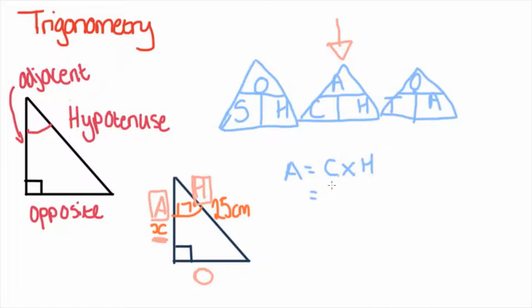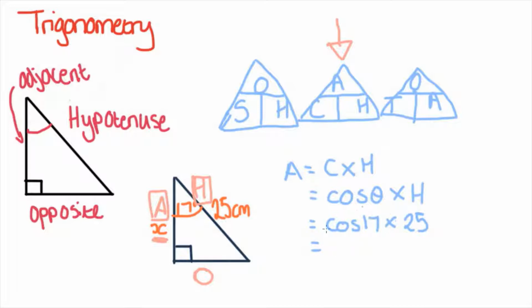What does C actually mean? C stands for cos theta, where theta is the size of the angle, and then we multiply that by H. So we do cos of 17, because that's our angle, and we multiply it by 25, which is the size of the hypotenuse.